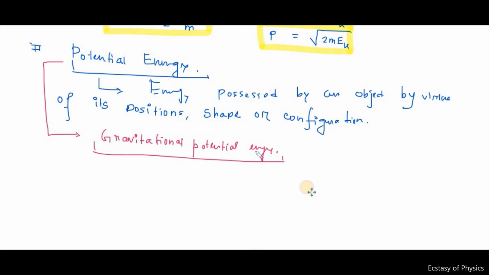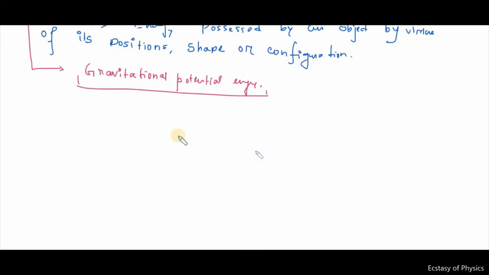To define the gravitational potential energy, let's consider an example. If an object whose mass is m was initially placed on the ground, and we need to shift this mass to the top of, let's say, a building whose height is represented as h, then in that case we have to do a certain amount of work.